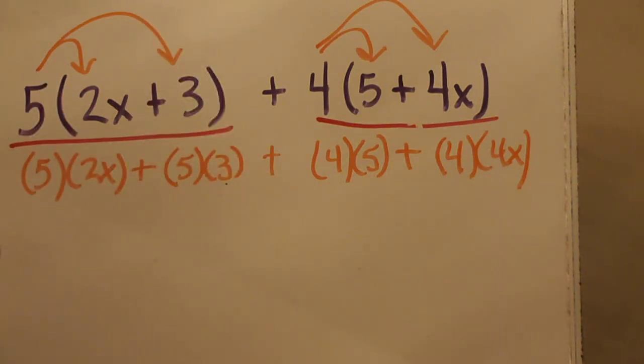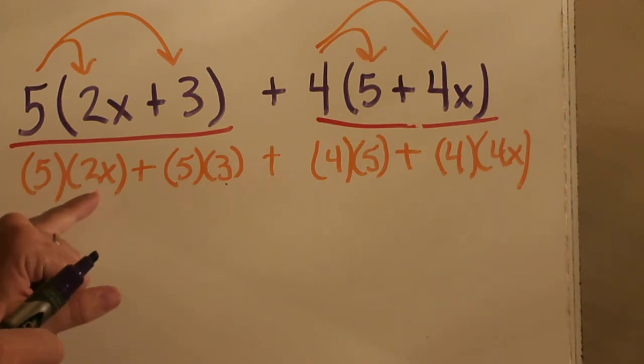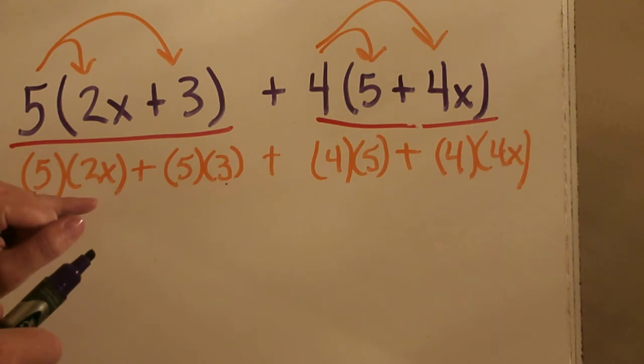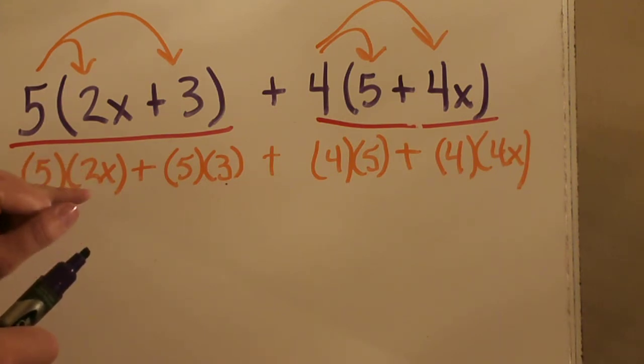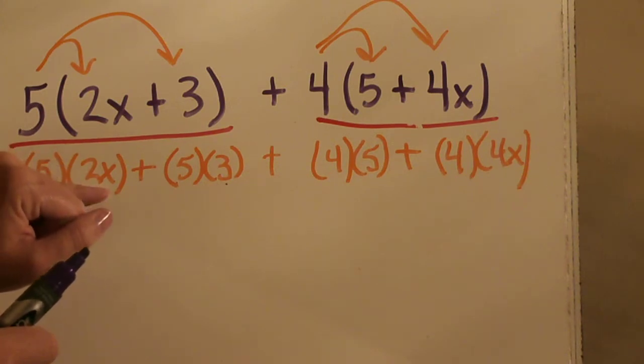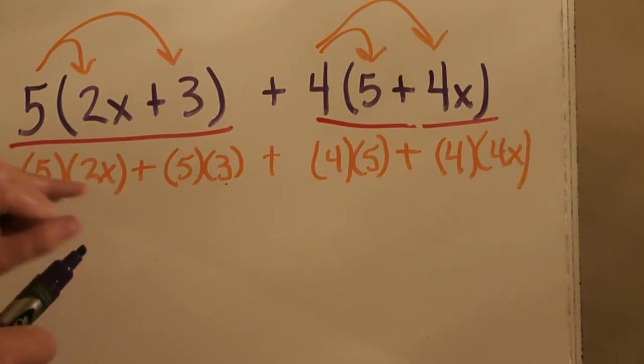Now, as a reminder, when you are multiplying, you can multiply 2 terms that are unlike. So here we have a 5 without a variable and a 2x with a variable. Since we are multiplying, we can do this math because we have 5 times twice a number. So if we say 5 times 2, then we'll have 10 times a number.